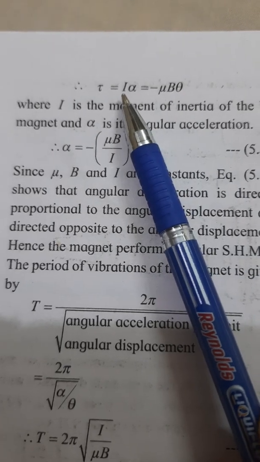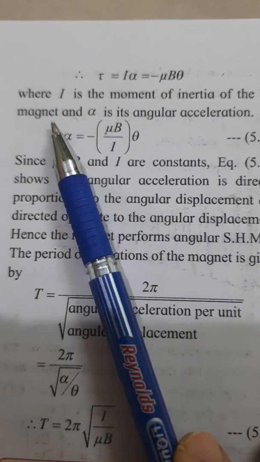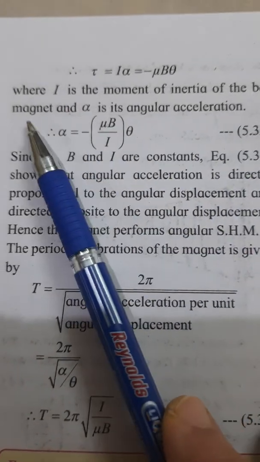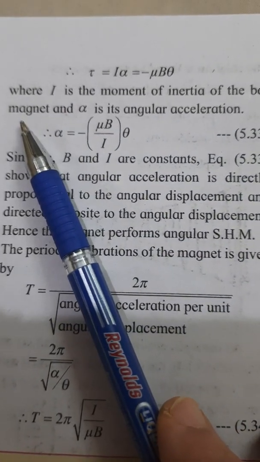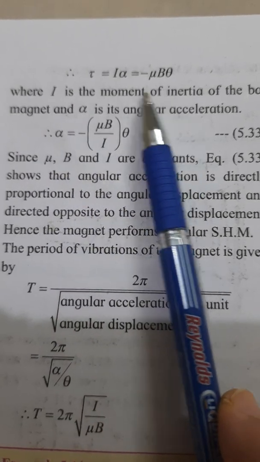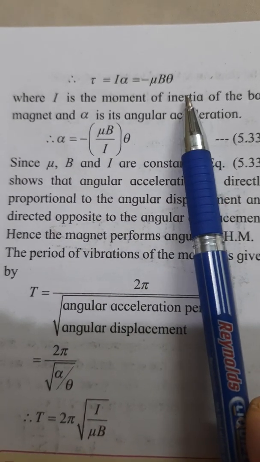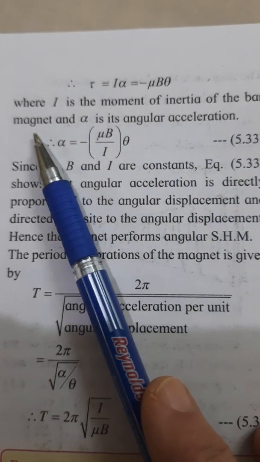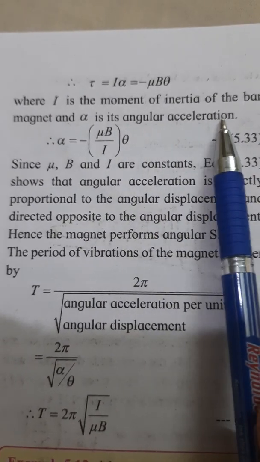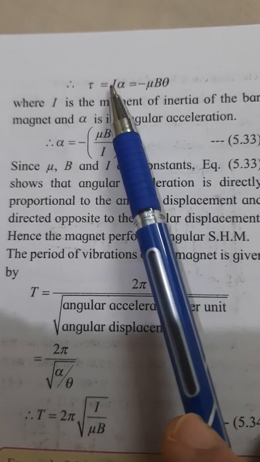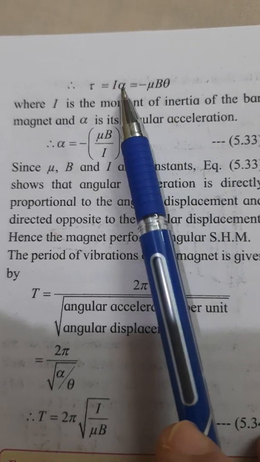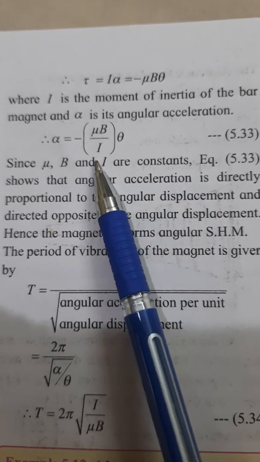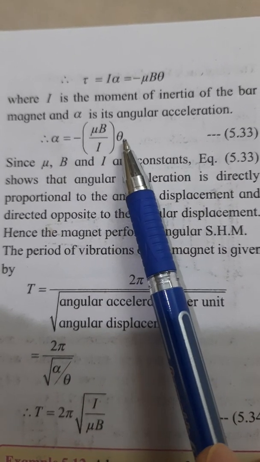Now what is meant by capital I and alpha? Here capital I is the moment of inertia of the bar magnet, and alpha is the angular acceleration. With the help of this formula, we can write angular acceleration alpha equals minus mu B upon I, into theta.